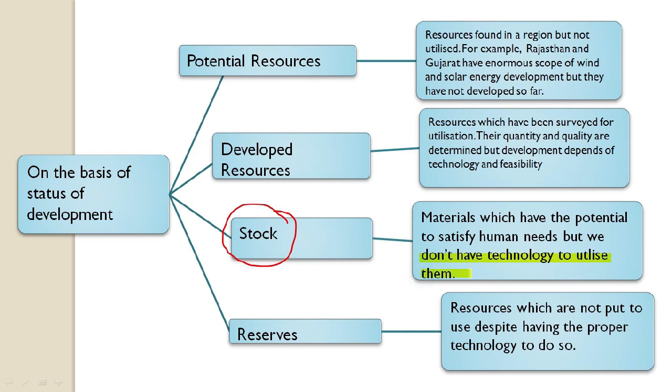So it's very clear, materials which have the potential to satisfy human needs, but we don't have technology to utilize them. These kinds of resources have been termed as stock. So if we don't have the technology to utilize them, there's a question for you. Are we using these kinds of resources right now? Yes or no? You have to answer this question.